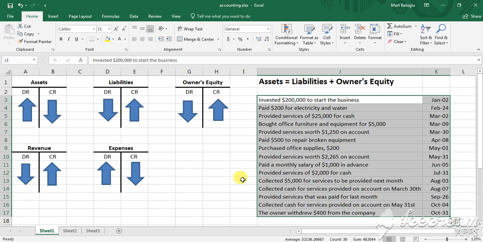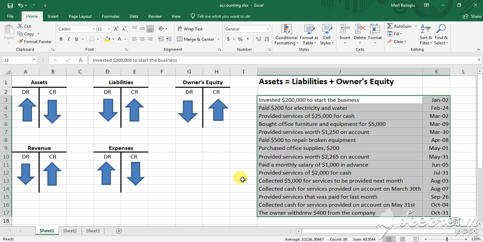We have 5 types of accounts. As you see from the chart, assets increase on DR, which is debit, and decrease on CR, which is credit. Liabilities decrease on debit and increase on credit. Owner's equity decrease on debit and increase on credit.